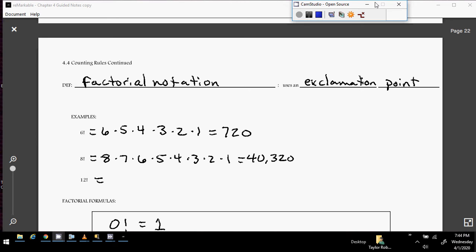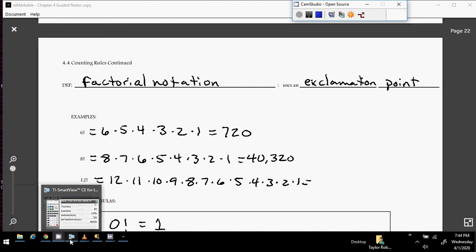Okay, so the next one is 12. So that would be 12 times 11 times 10 times 9 times 8, 7, 6, 5, 4, 3, 2, 1. And if you notice, each time these have gotten more and more aggravating, because they really are just aggravating.